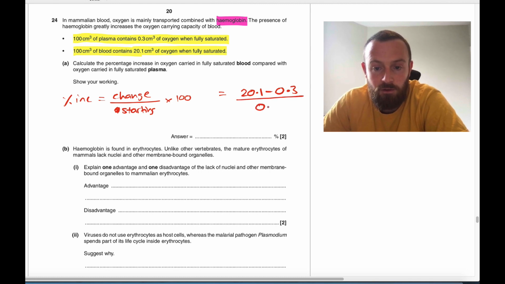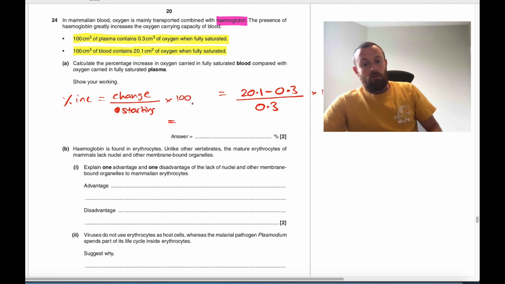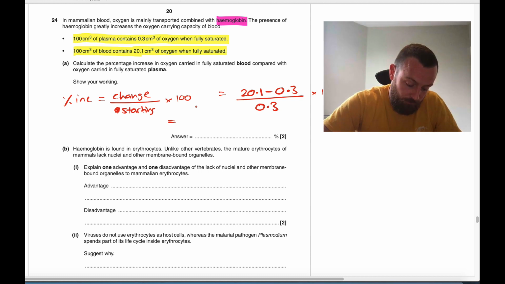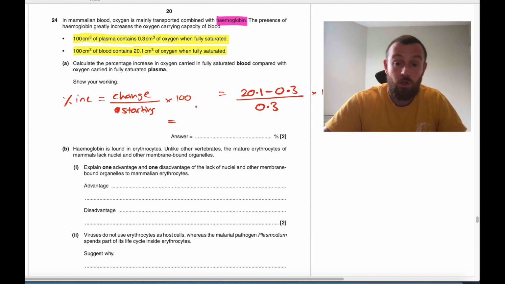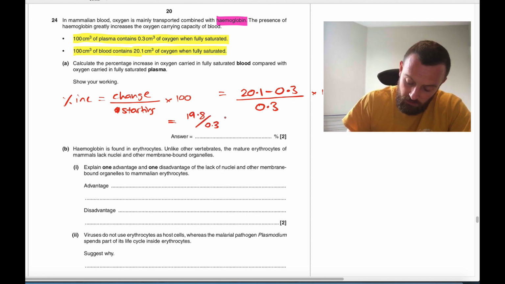And then the starting value is 0.3. And we've got to times that by 100. So the difference on top is 19.8 divided by 0.3. Then we times it by 100.